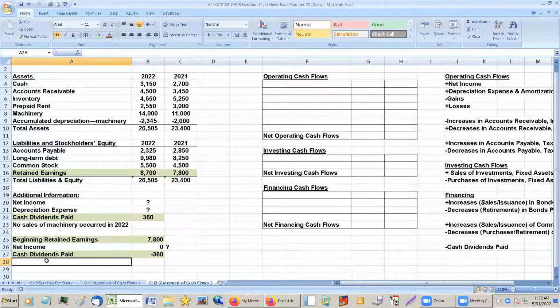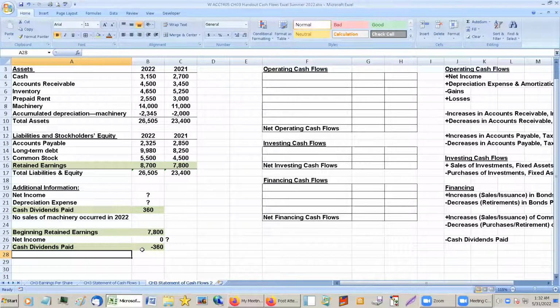Negative. Okay, so this will give us our retained earnings without net income.